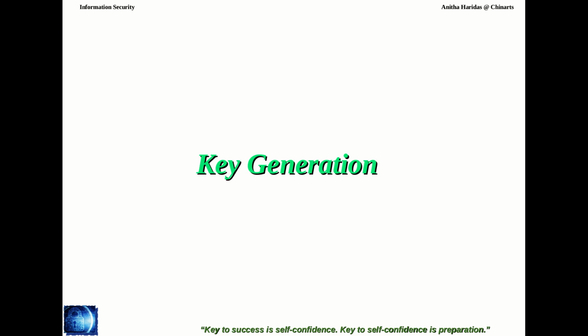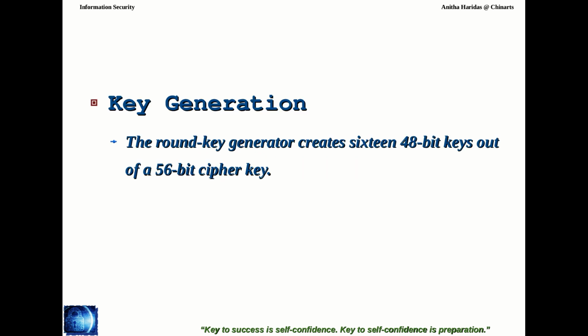So here we are going to talk about the key generation. The round key generator creates 16 48-bit keys out of a 56-bit cipher key, right? So the 56-bit cipher key will be the input for the round key generator, and it will be creating 16 48-bit keys for each round. That is what we have seen now.